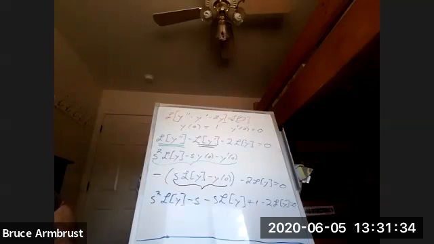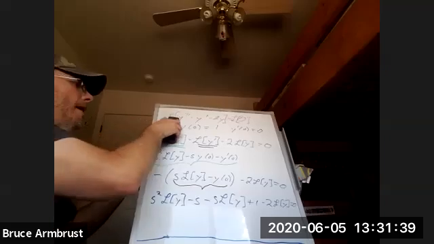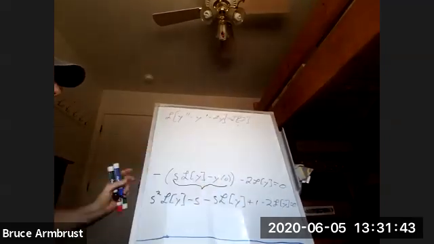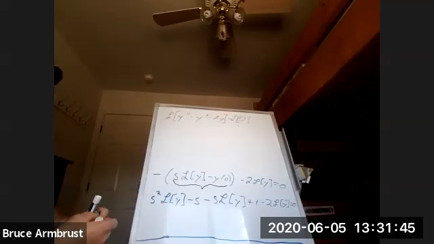So our initial conditions took care of all that other stuff. And what I can do now is actually solve this thing for the Laplace transform. So I'm going to write this as L of y equals.